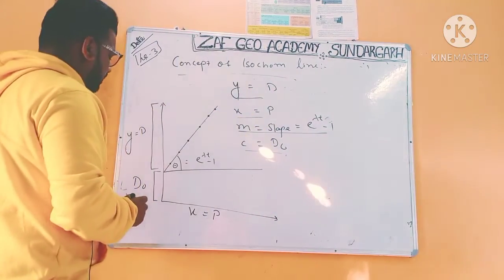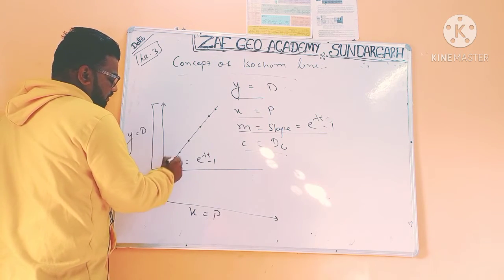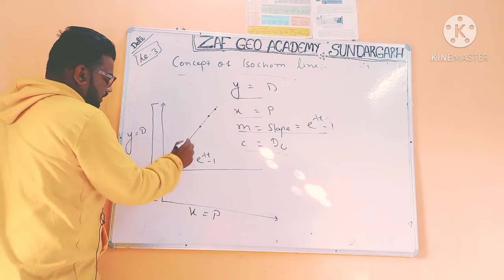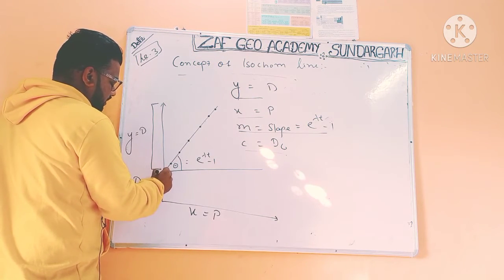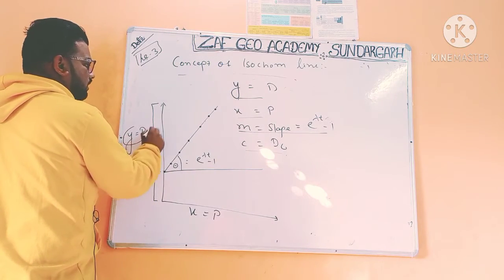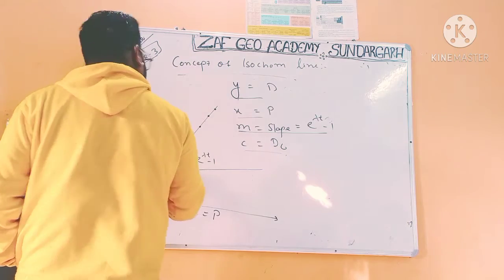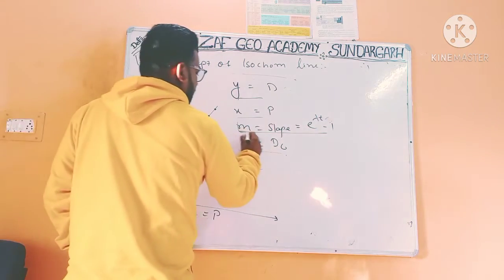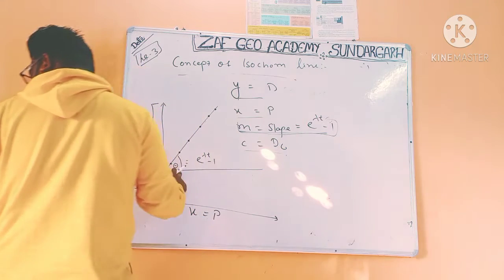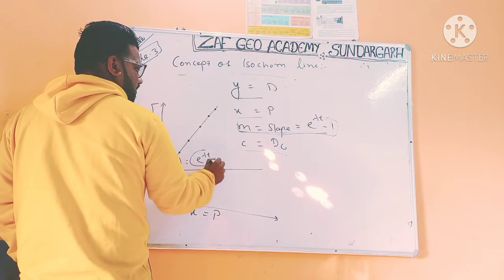Here I have drawn a graph. In this graph I have taken 6 points, and this is the intercept. This intercept represents y. This is the slope, m is the slope, theta is the slope, which is e to the power lambda t minus 1.